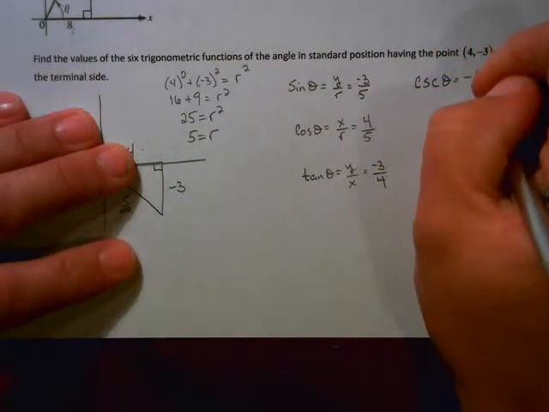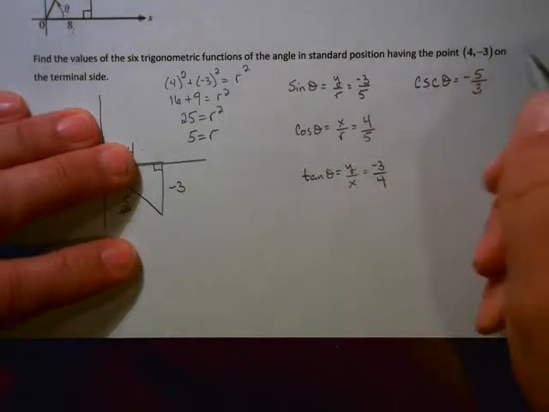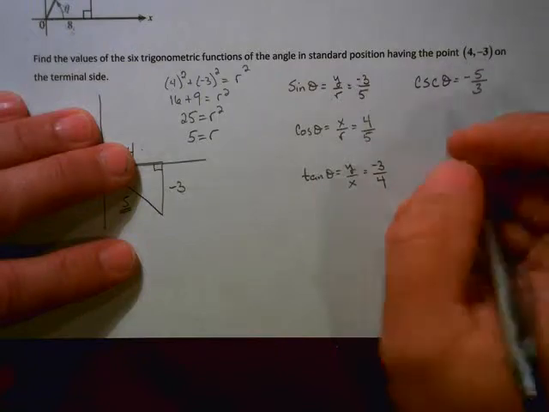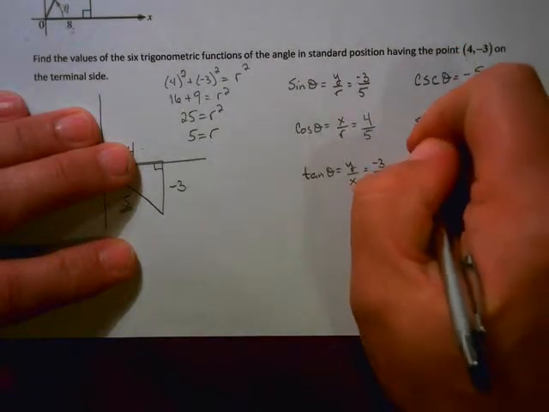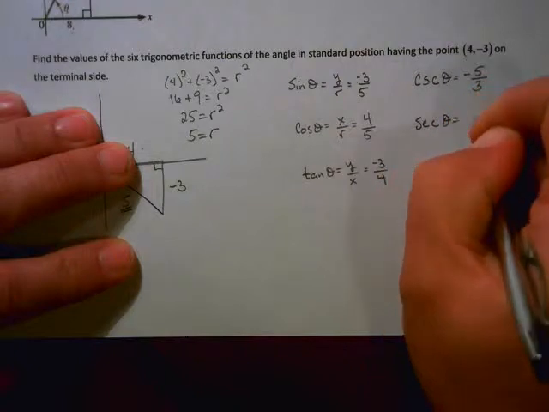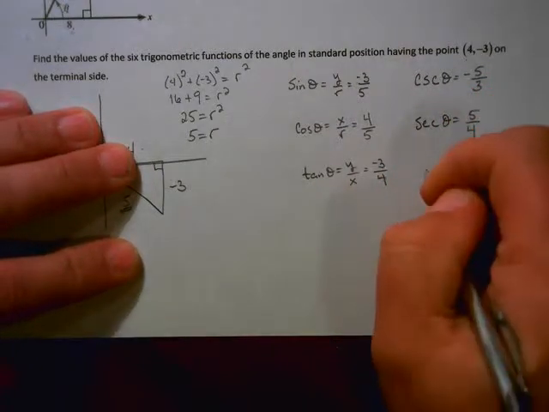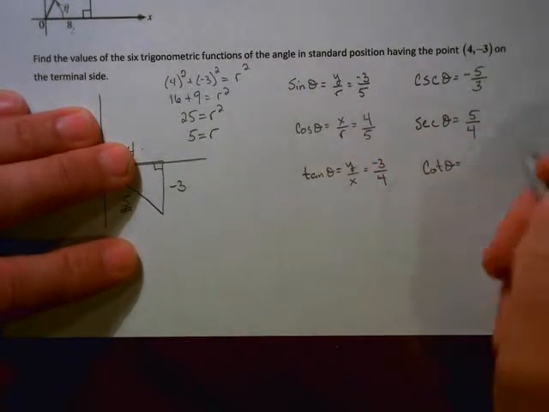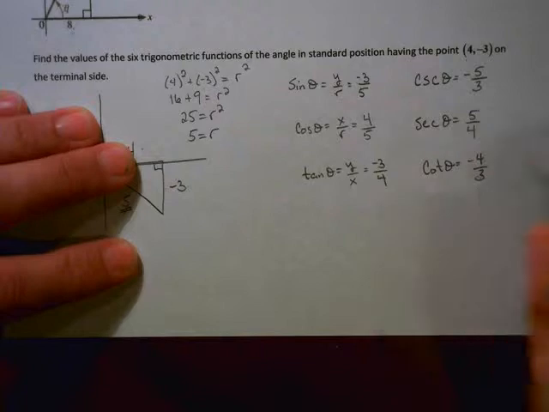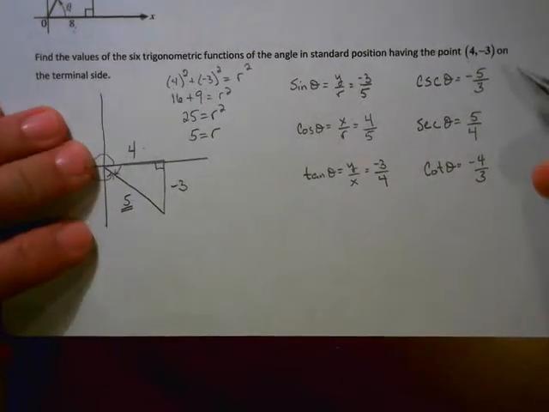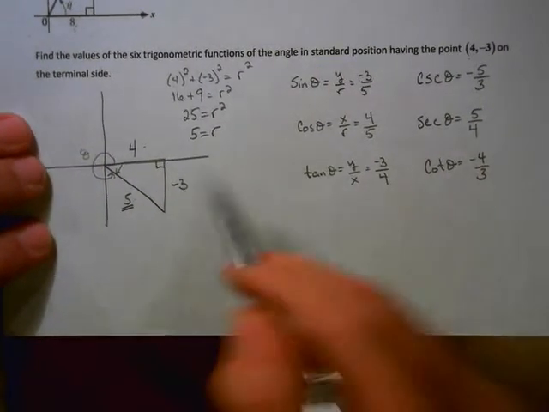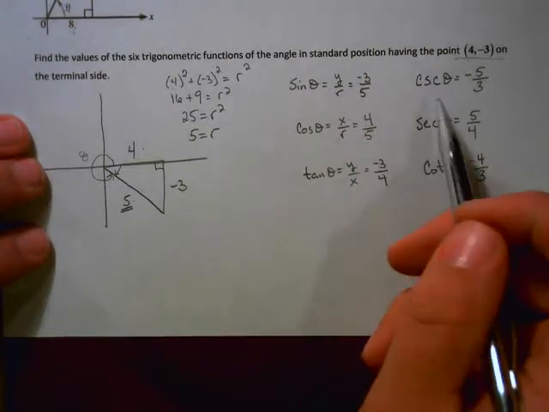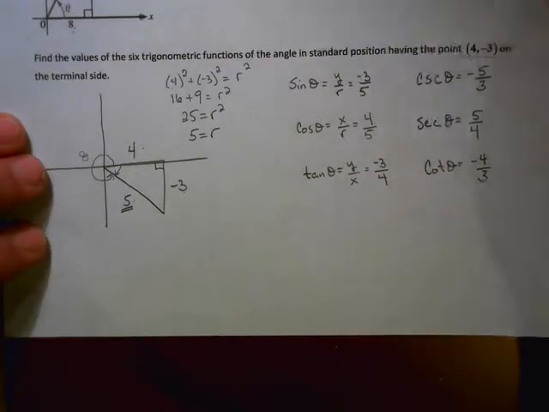So cosecant is going to be negative 5 over 3. And it doesn't matter if the negative's in the numerator, denominator, or in the middle, as long as there's only one. We have secant theta is going to be 5 over 4. And cotangent theta, the reciprocal of negative 3/4, is negative 4/3. So there are 6 trig functions with our theta in standard position passing through that point 4 and negative 3.